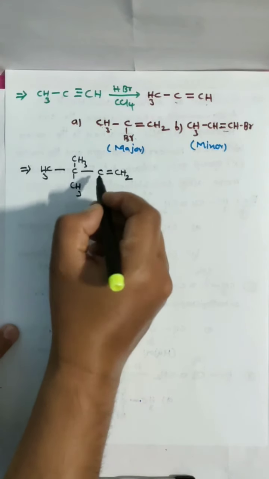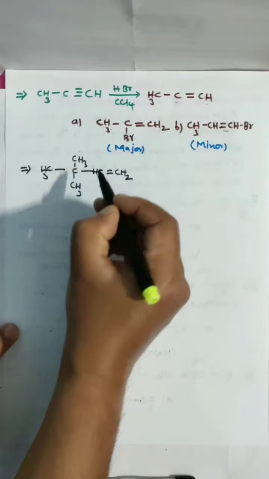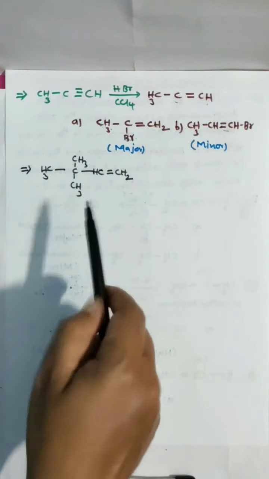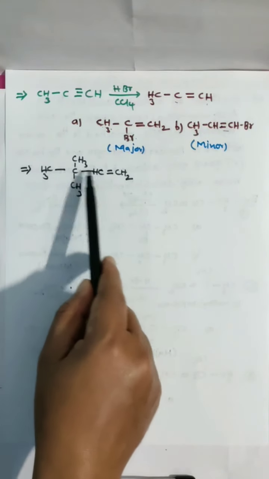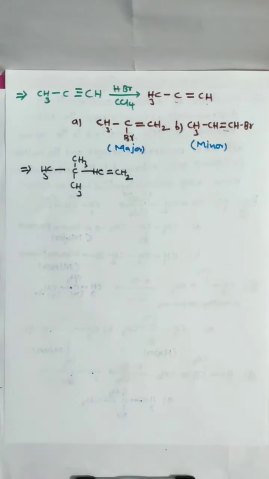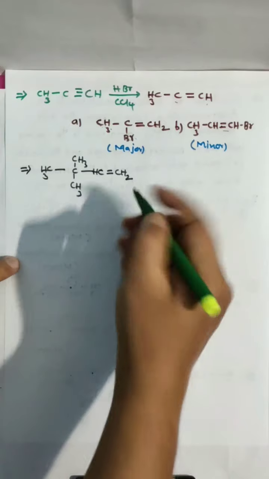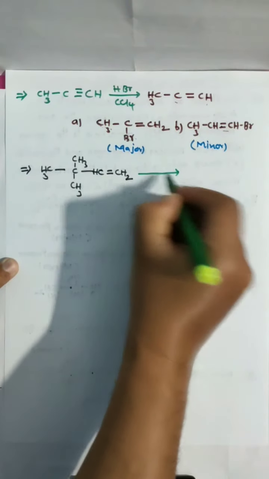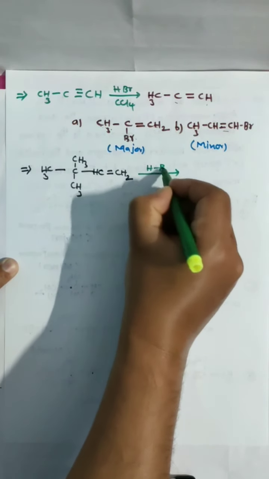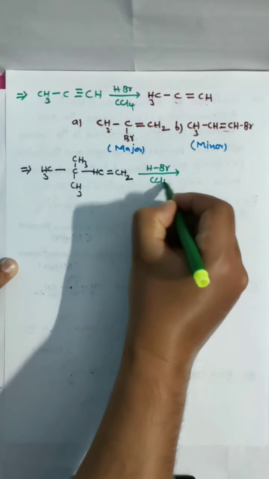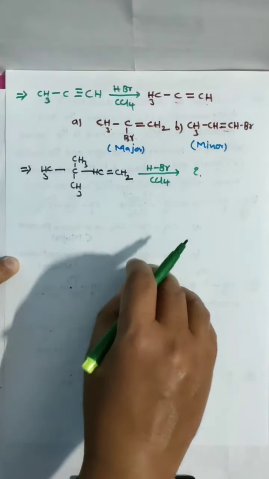You got now? And you go for here CH. See here 1 2 3 4, so all valences are present and this is the reactant given. They are asking which is the major product. HBr in the presence of CCl4, what is the product?